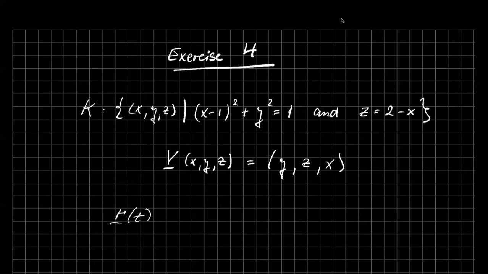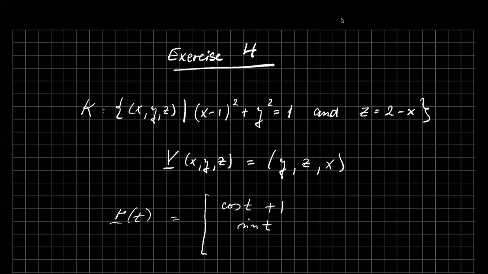If we use a parameter t, then we can get the first two coordinates as cosine t plus 1, because it's centered at (1, 0), and the second coordinate will be sine of t.